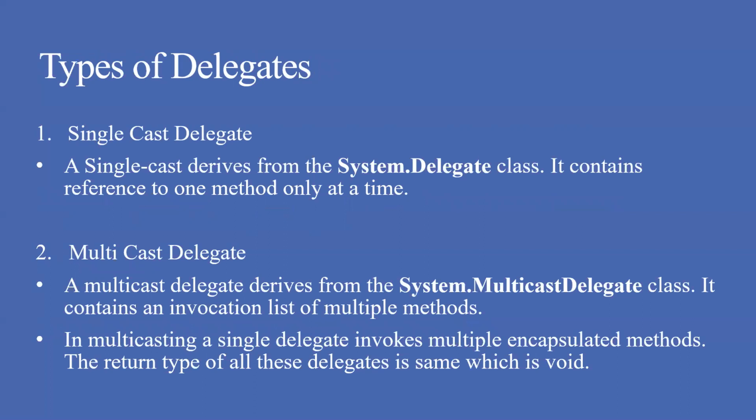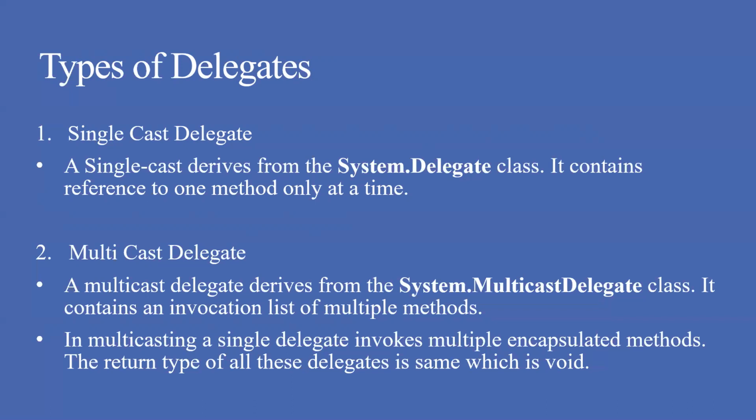There are specifically two types of delegates: single cast delegate and multicast delegate. A single cast delegate comes from the System.Delegate class and contains a reference to only one method at a time.